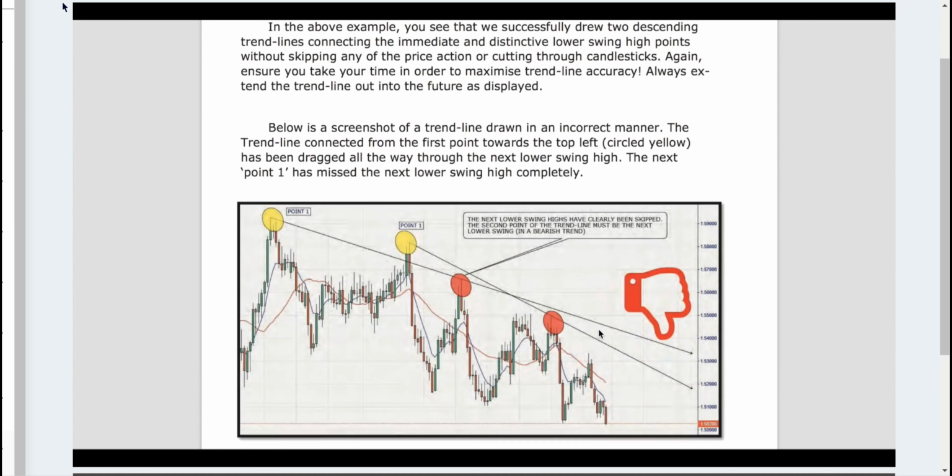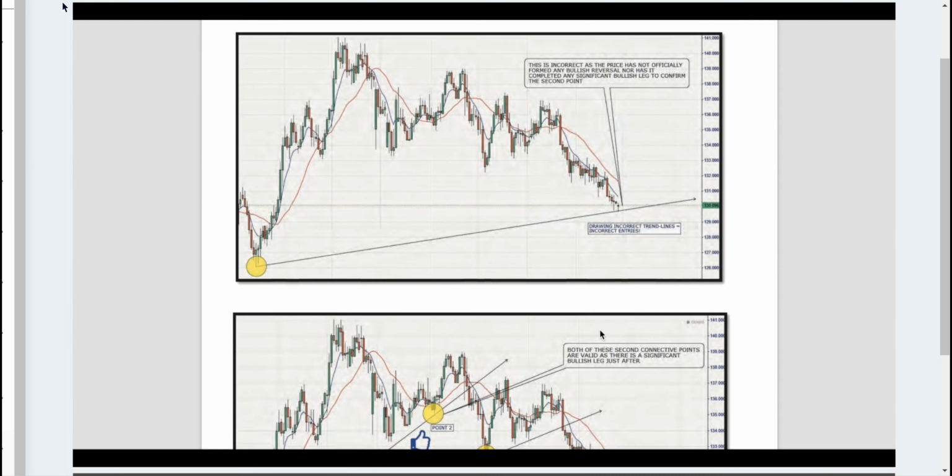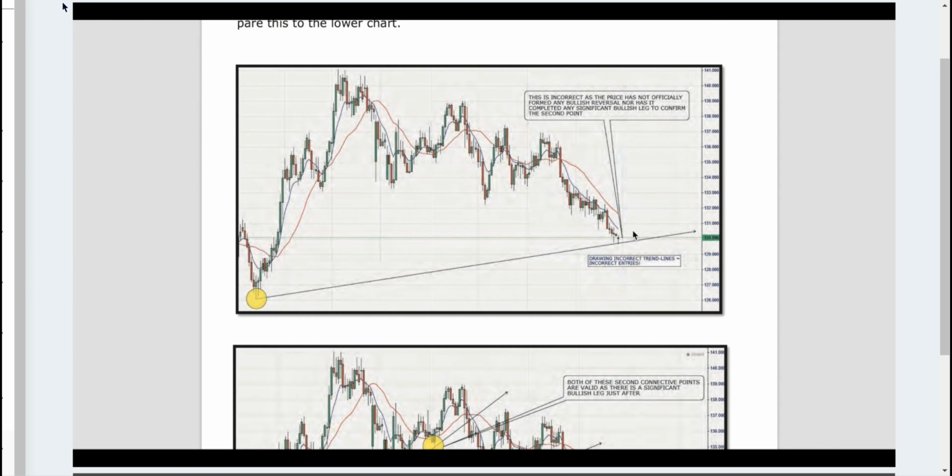And what I mean by that is if you go to page 99, you can see here this is a no-no. This is incorrect. You can't just take a trend line from one point and drag it over to current price or where you see just one candlestick formation occurring, because guys, we need to actually see a leg be formed, okay? The market needs to actually pull up in this case. Why?